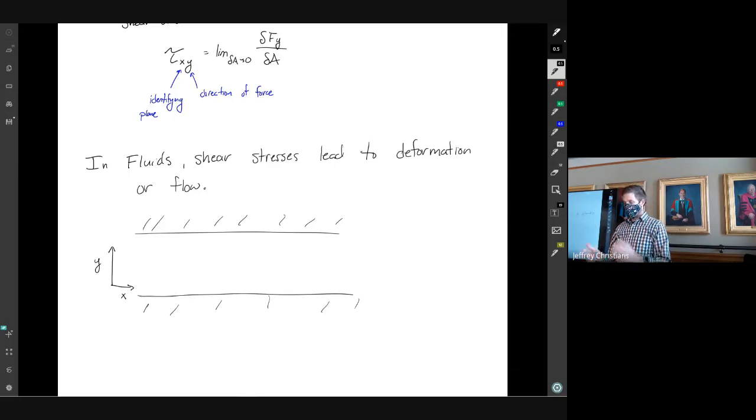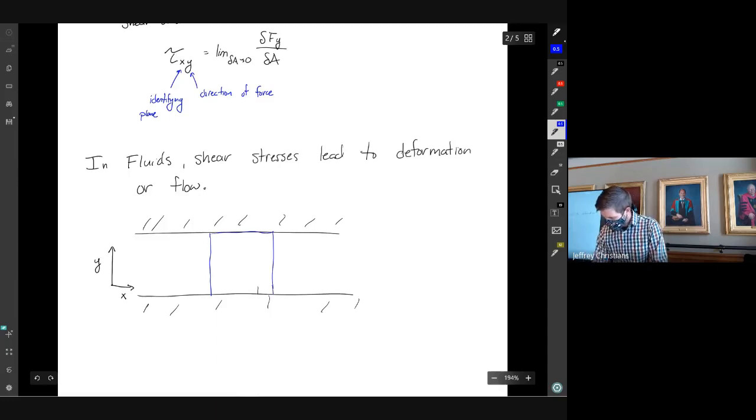Okay, so what's going to happen if we have our chunk of fluid? So this is our, let me draw this just in blue, this is our chunk of fluid.